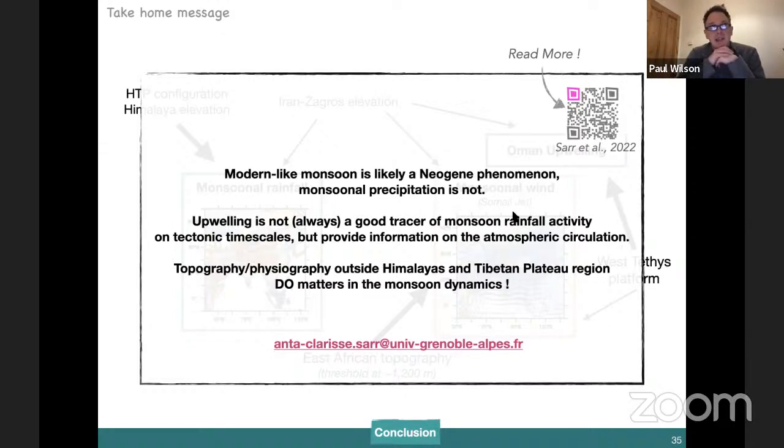Is it as simple as, when the summer monsoon gets stronger, the winter winds also get stronger? And is there any directionality change associated with these changes in tectonic boundary conditions?